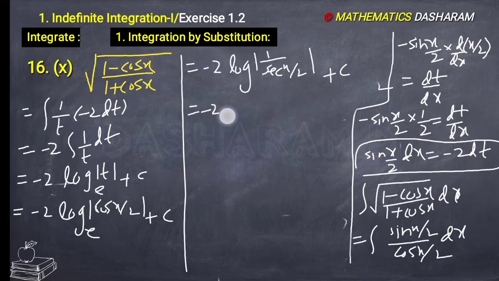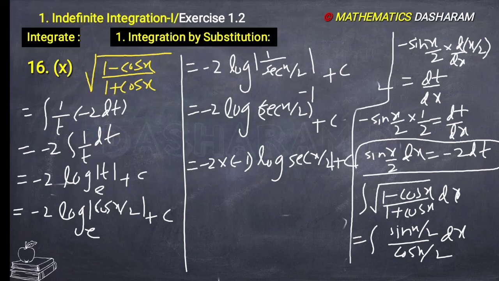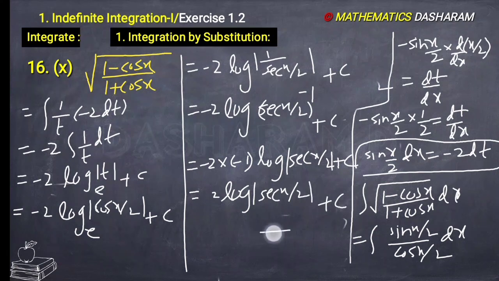Now it is equal to minus 2 log of 1 by sec(x/2), which means sec(x/2) whole power minus 1. Now here apply the log a to the power m formula. So minus 2 into minus 1 into log sec(x/2) plus c. So minus 2 into minus 1 is plus 2, into log mod sec(x/2) plus c, is our required answer.